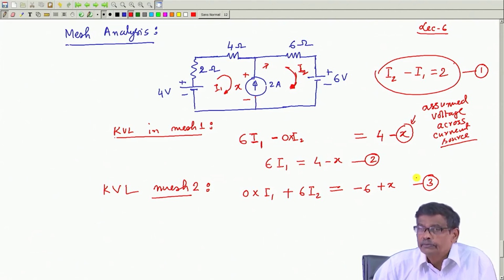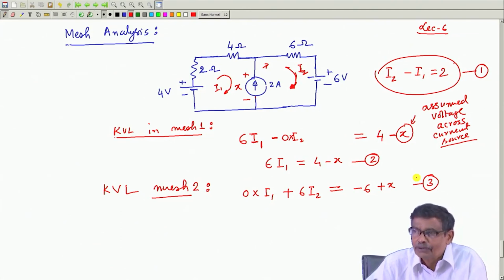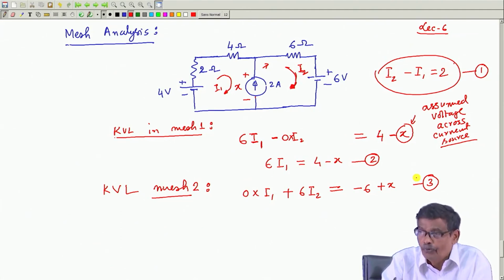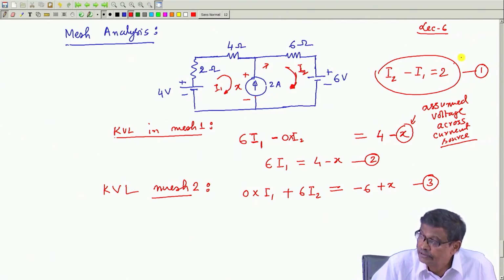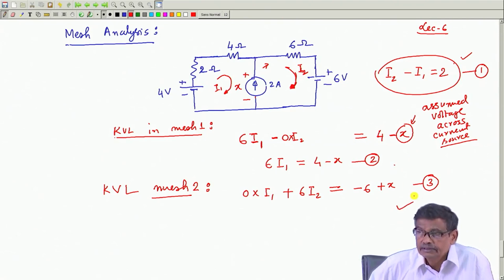Therefore, the point I want to stress: if a current source appears in the common branch between 2 adjacent meshes, then the number of equations to be solved is not equal to the number of meshes, but one more, for in this problem more. 3 equations. This is 1, this is 2, this is 3.